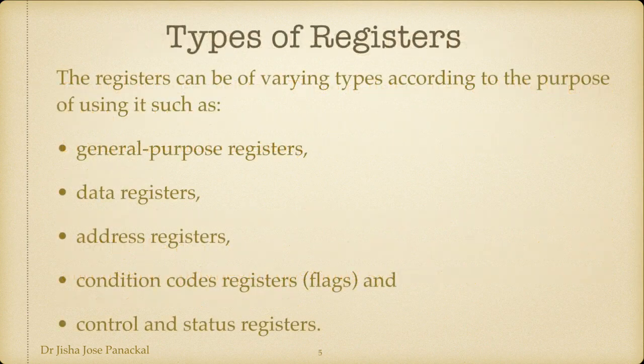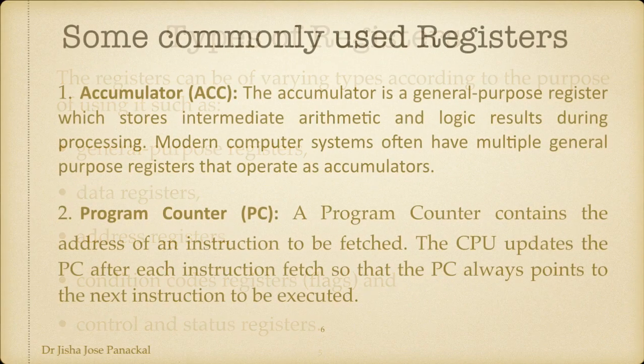Including these two types, we can classify the registers into different categories such as general purpose registers, data registers, address registers, condition codes registers, which are also called flags, and control and status registers. We can discuss in detail some commonly used registers which are seen inside a CPU in almost all computers.